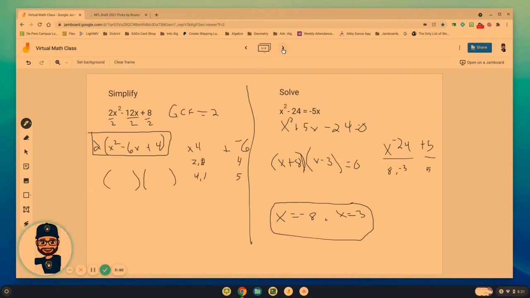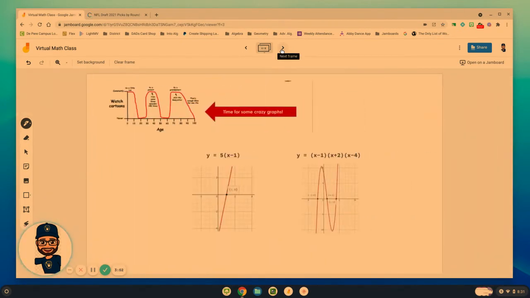All right. Now, today we're going to get into some polynomials, which tend to have some really wacky graphs, if you will. We've worked a lot with linear, where they do have one intercept. This x minus 1 shows me that x would have to equal 1 as a solution, or it's also the x-intercept. This one actually has 3 x-intercepts: x equals positive 1, x equals negative 2, and x equals positive 4.